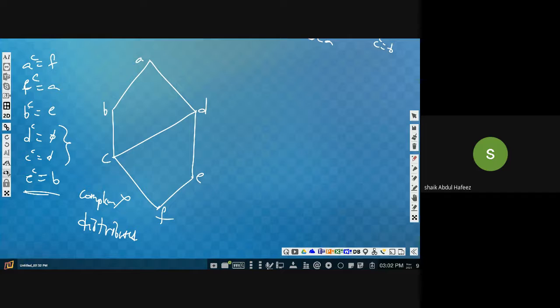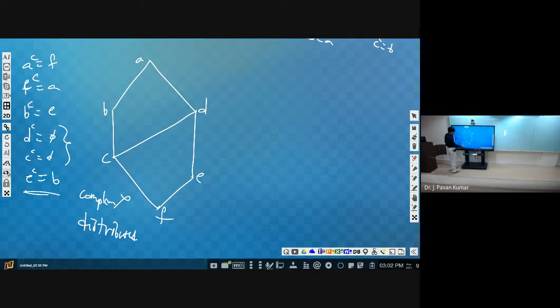Now, is this distributive? Yes, sir. Every element has at most one complement, if we have only one, otherwise zero. So it is a distributive lattice, but not a complemented lattice. I hope you understand what is meant by complemented lattice and distributive lattice.